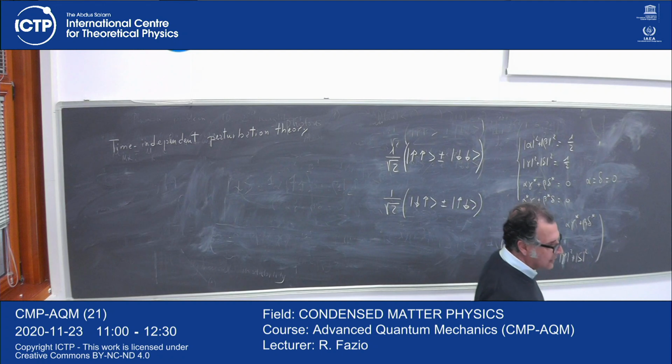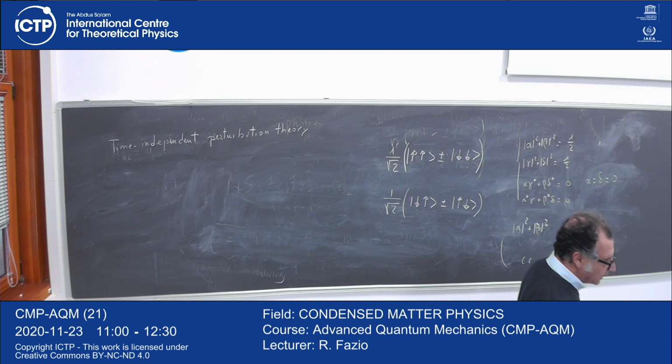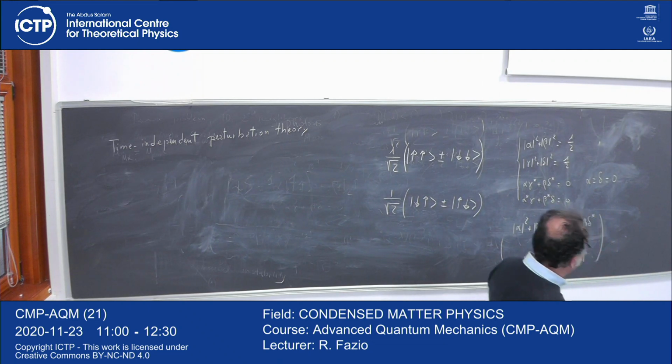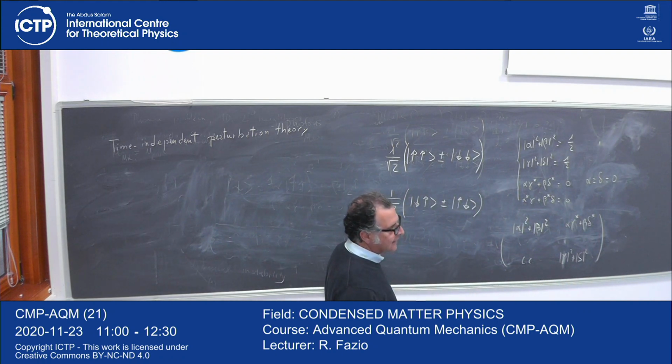The property that the reduced density matrix is proportional to the identity. Okay? So, to answer the question, you are right. And I realized that I was not clear enough in giving you the assignment.